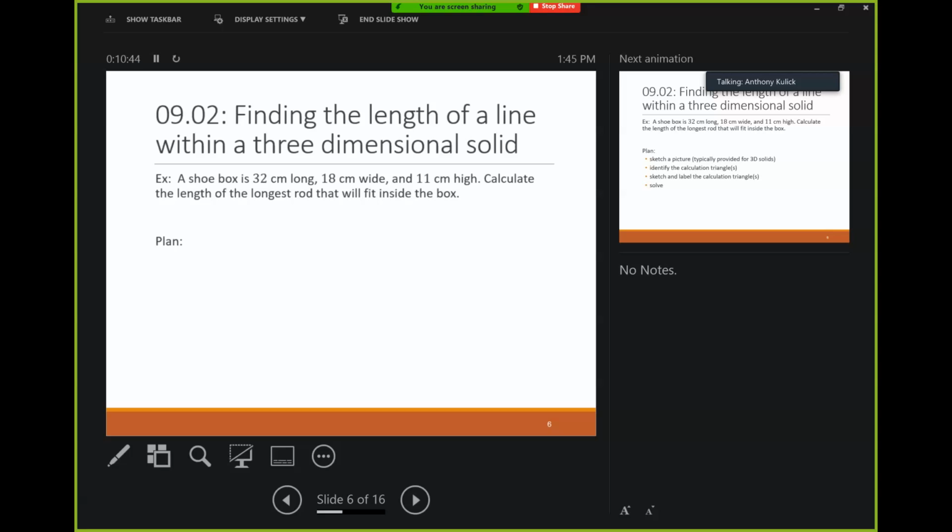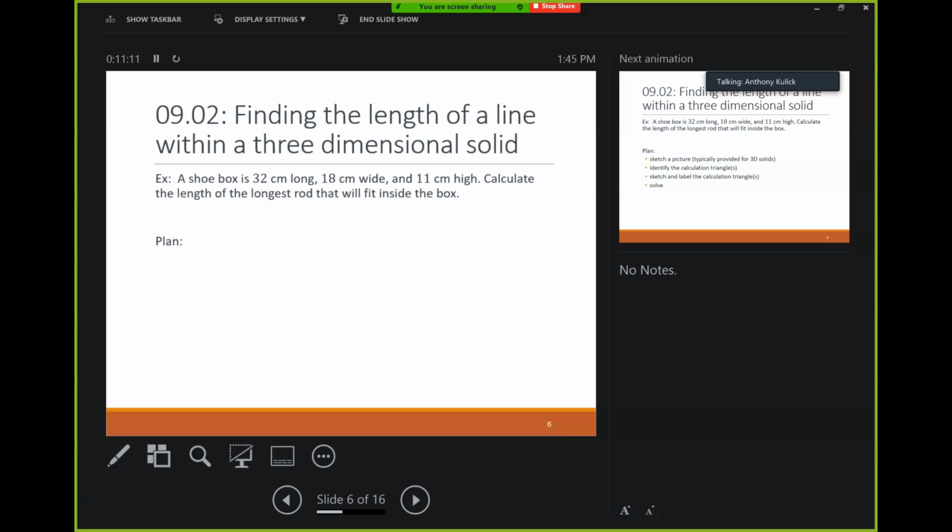And then we'd want to identify where that rod is going. If you think about a box, what's the longest thing you can get? Good, the bottom corner to the top corner going on a diagonal, right? Everybody agree with that? Then we'd want to find the calculation triangle where one side of that triangle is the rod.